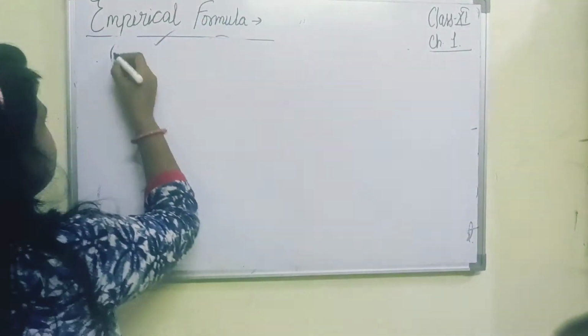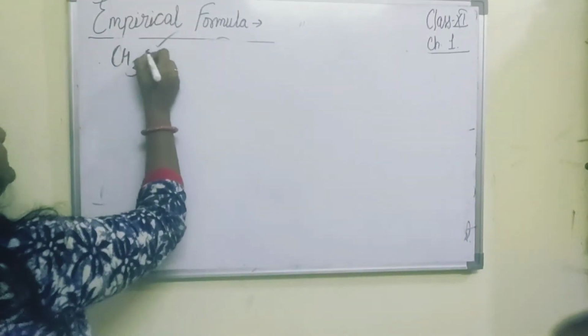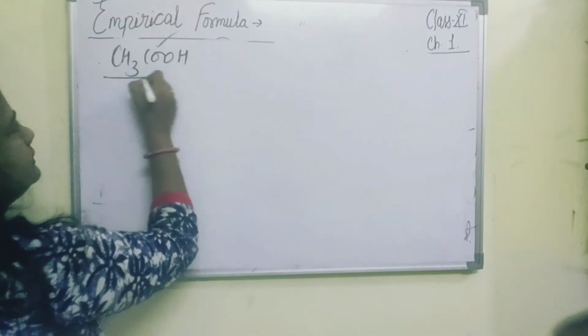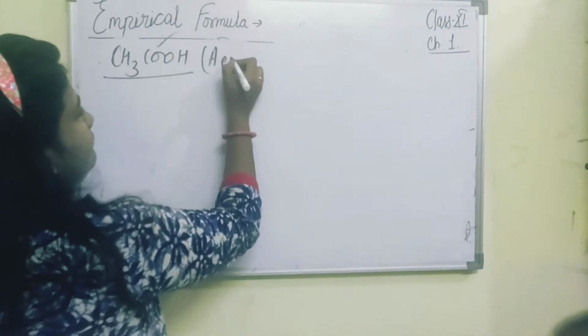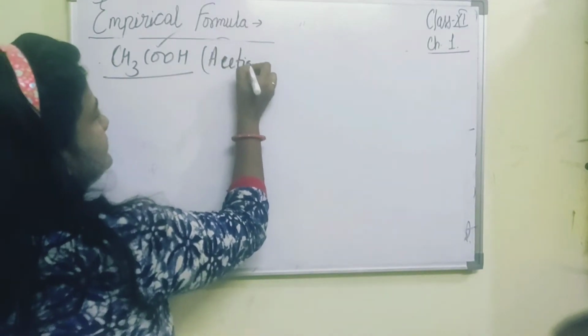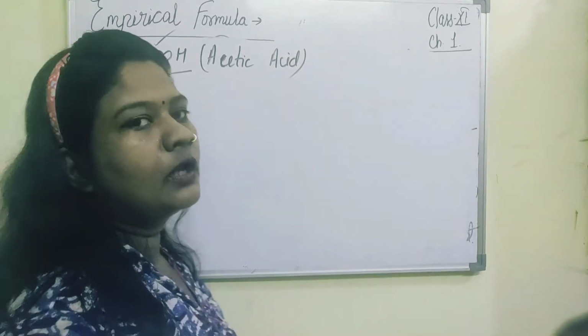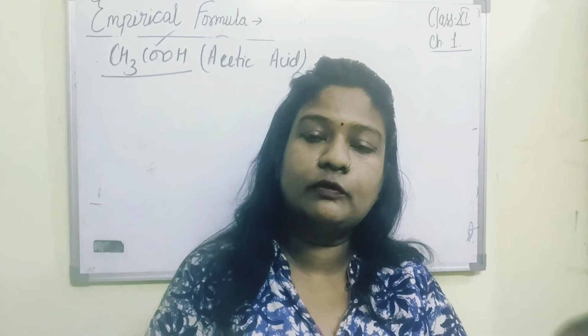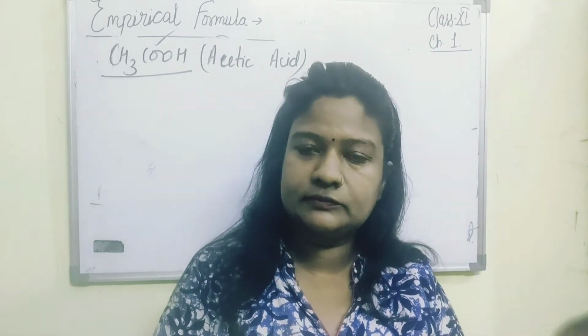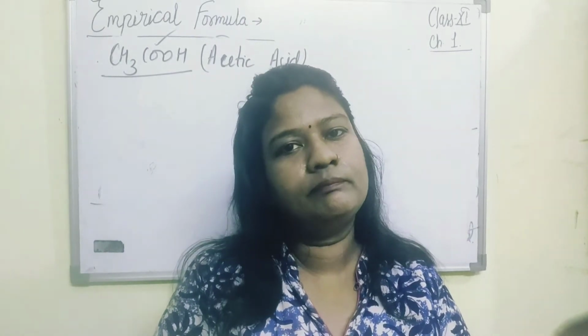Second example is acetic acid, CH3COOH. Why is it called acetic acid? It is formed from, we get this from the acetum neem plant.